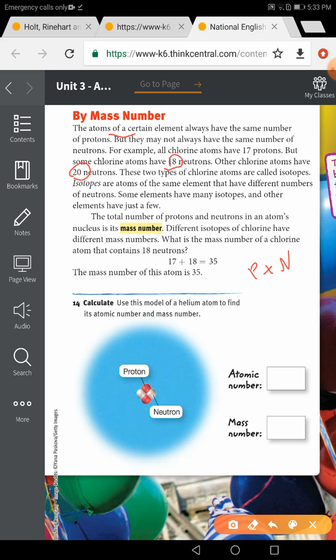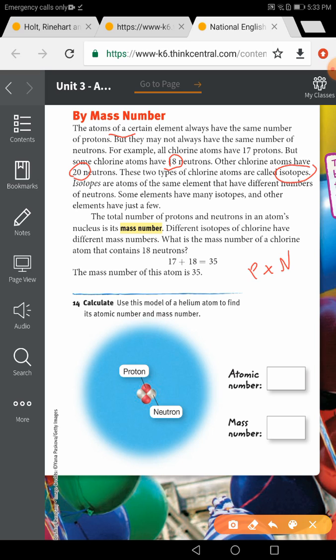So you can see the number of protons and electrons are constant, or fixed, in the same element, I mean, right? But you can find in the same element a different number of neutrons, as we see in chlorine maybe 17, 18 or 20. These types of chlorine atoms are called what? Isotopes.